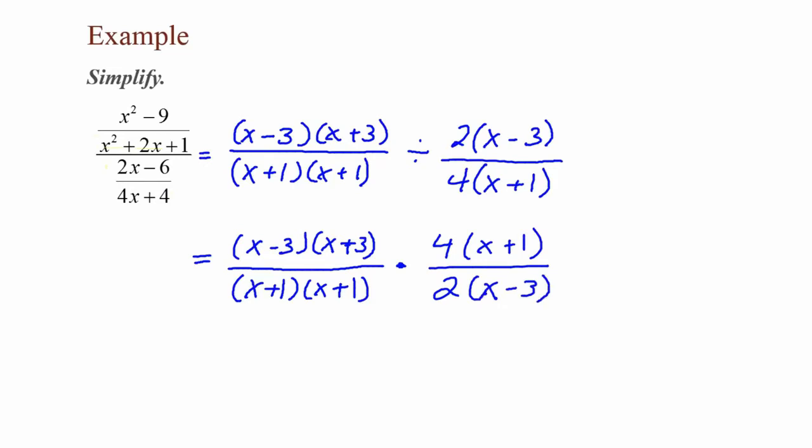Now we want to cancel what we can. I can cancel an x minus 3. I can cancel an x plus 1. And I can reduce 4 over 2. 2 goes into 2 one time, and 2 goes into 4 two times. So my final answer, 2 parentheses x plus 3 all over x plus 1.